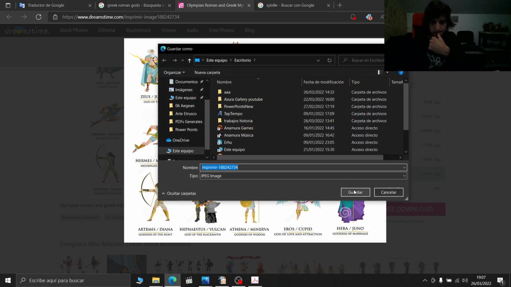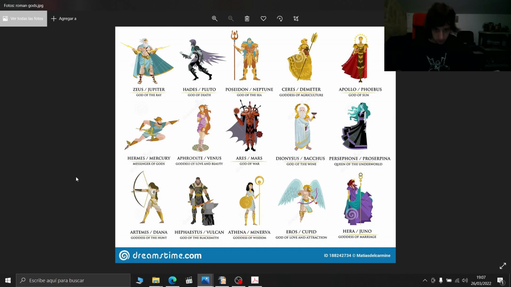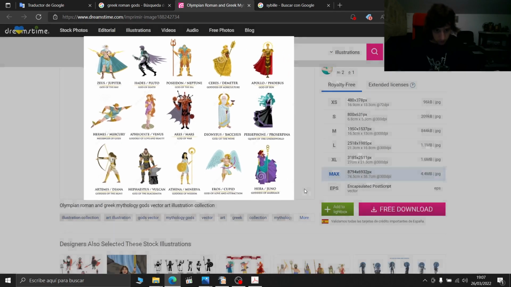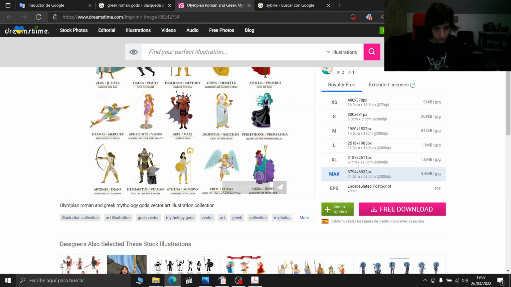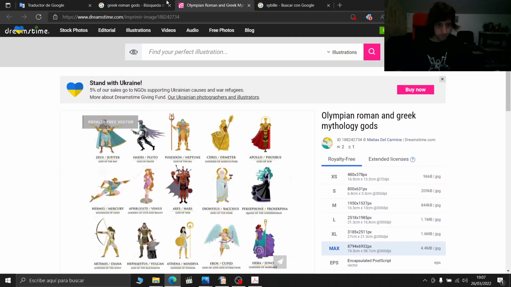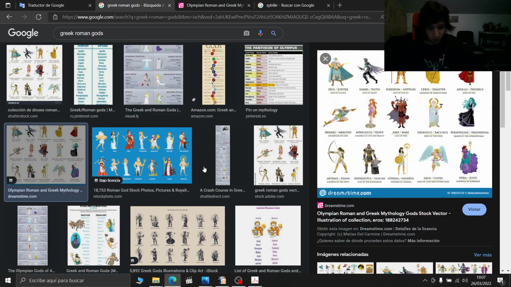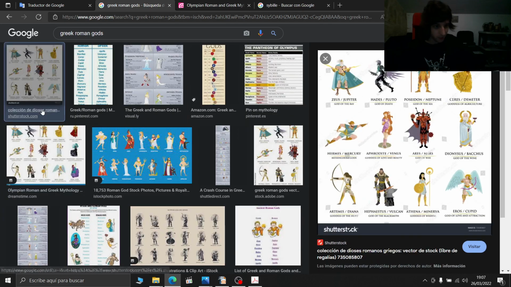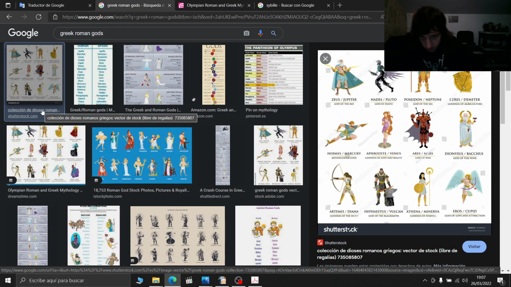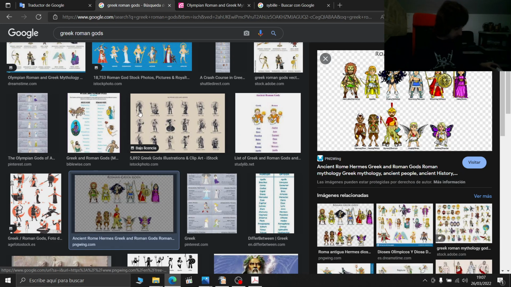Roman gods. Too lazy to remove the watermark. See, I won't use it just because this is very annoying. Anyway, not going to lose more time in this.